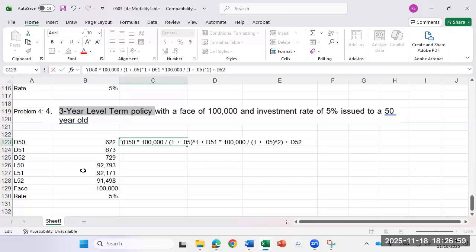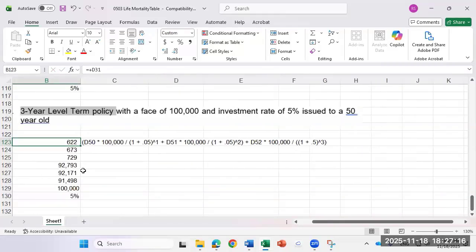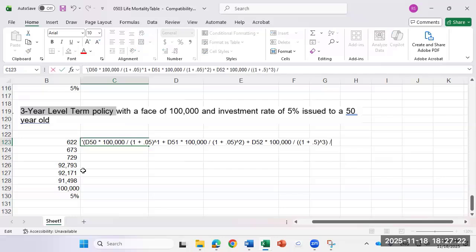Plus D52 times 100,000 divided by 1 plus 0.05 raised to the third. There's our numerator. Now tell me if you see a typo, because I don't want any typos. There's your numerator. And all you have to do now is the denominator.